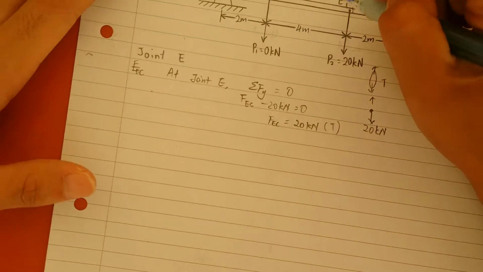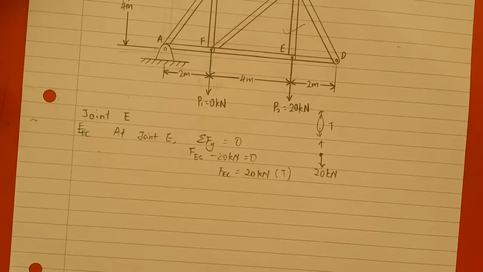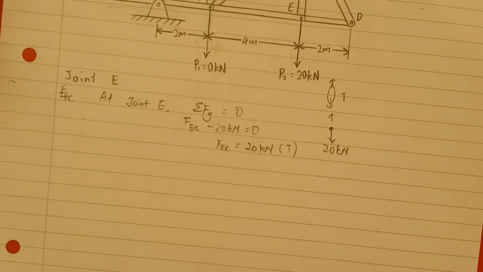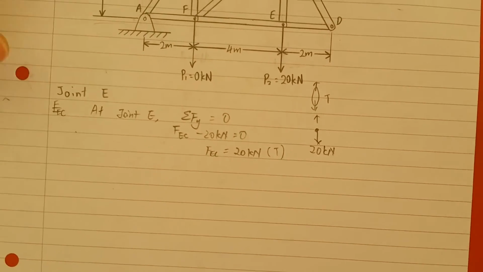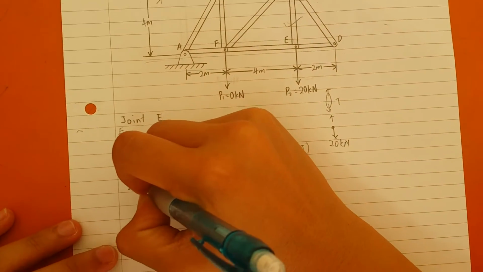Next we try the x component at point E, meaning the summation of fx equals 0 at joint E. So FEC, sorry, FEx minus FED equals 0.